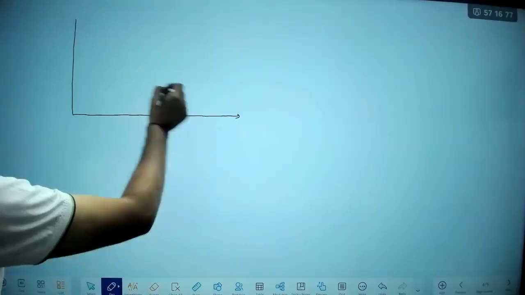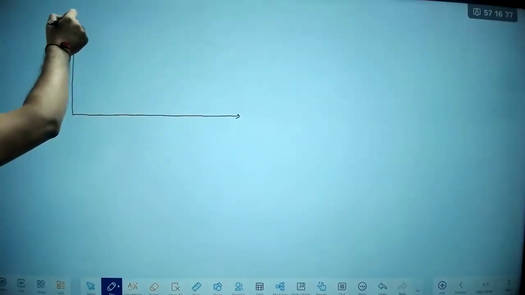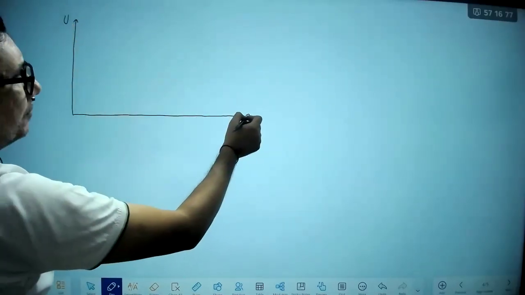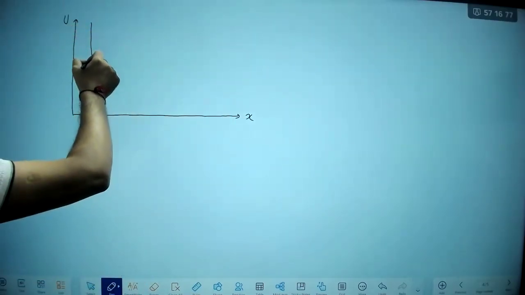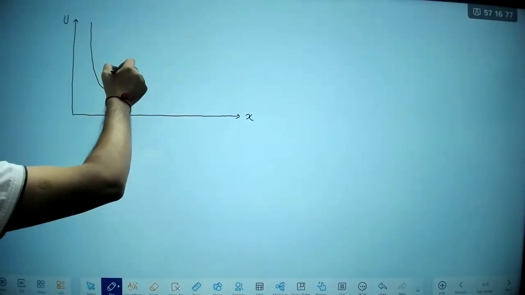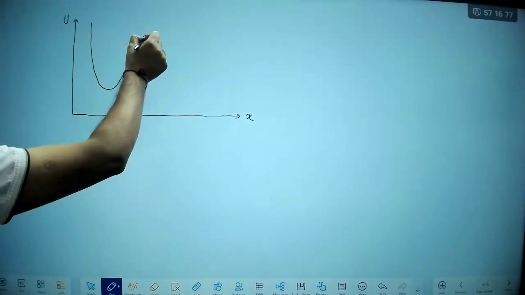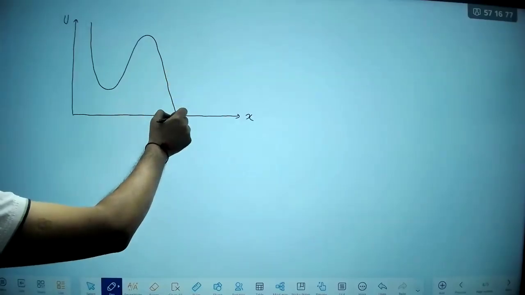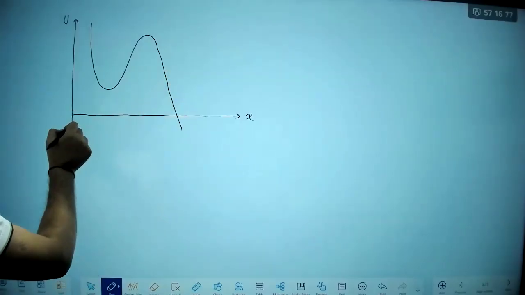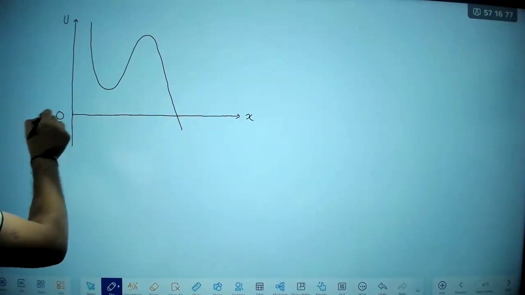So if you plot U as a function of x, I'm choosing an arbitrary curve like this. Here, this is 0, suppose.